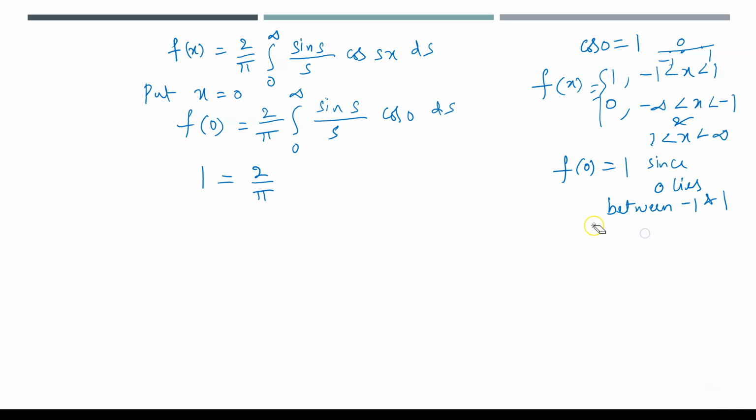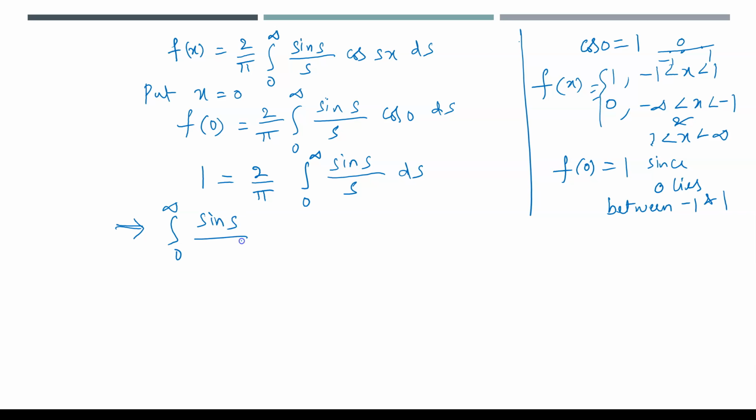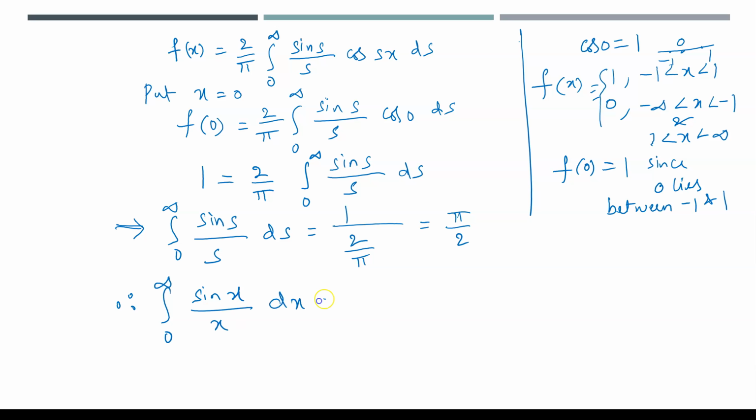So we get 2 by pi integral 0 to infinity sin s by s ds, which implies integral 0 to infinity sin s by s ds equals 1 into 1 by 2 by pi, which is equal to pi by 2. So if you replace s by x, integral 0 to infinity sin x by x dx equals pi by 2, which is the required integral.